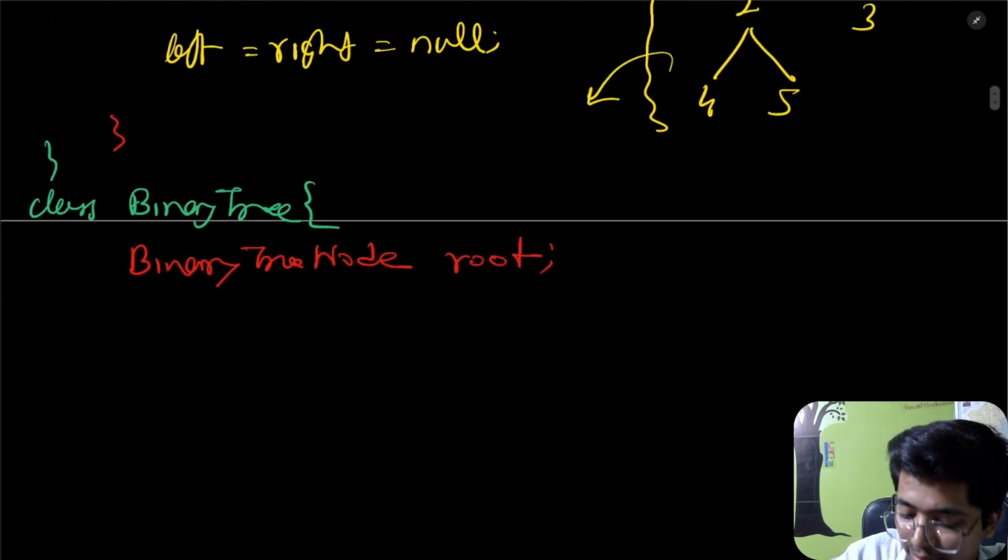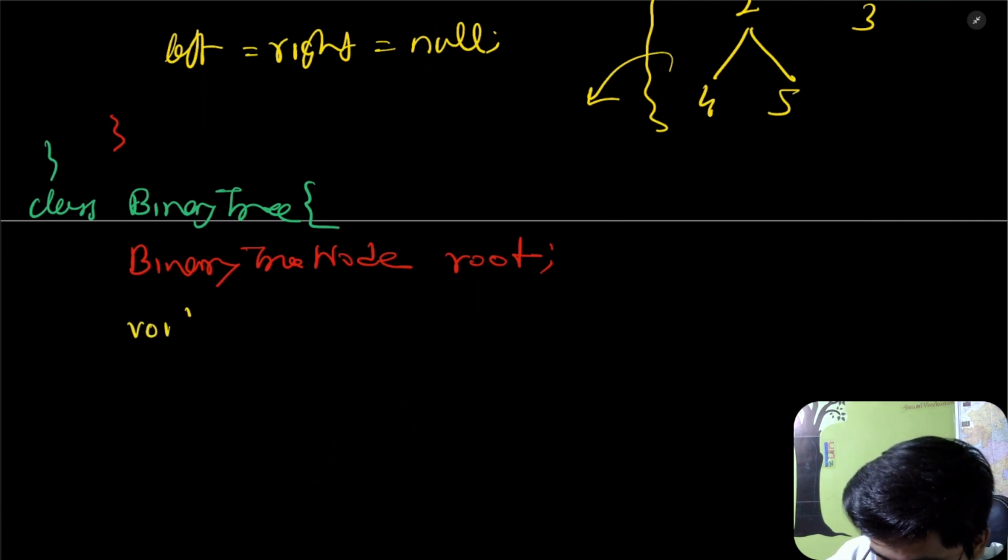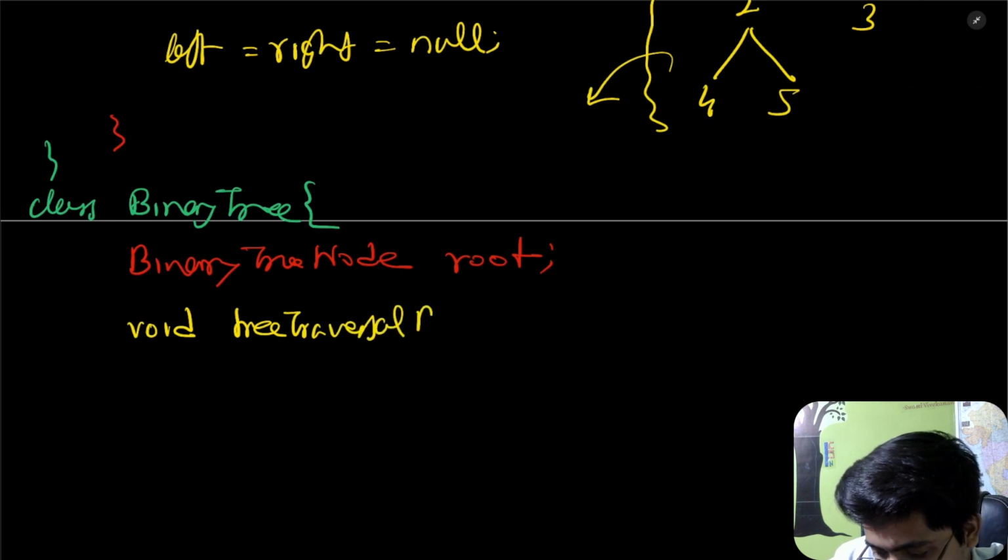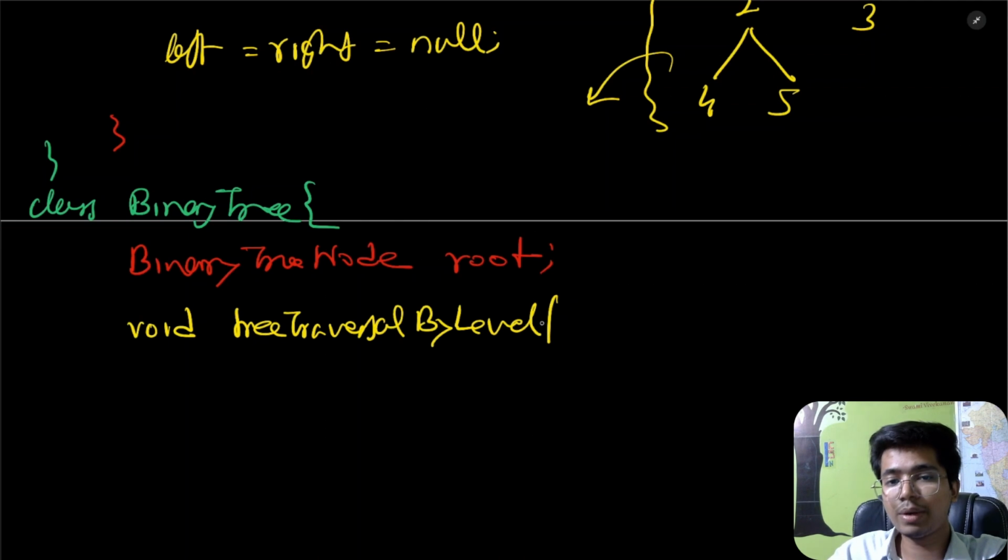So let's create a method. Void tree traversal by level. This method will be utilized to traverse the tree one by one through the levels. And for that we will simply implement this method without any argument.